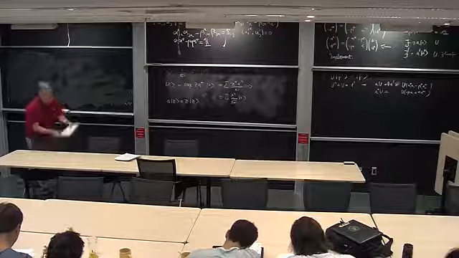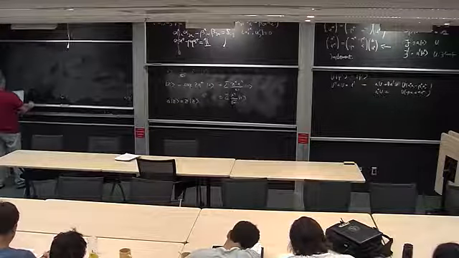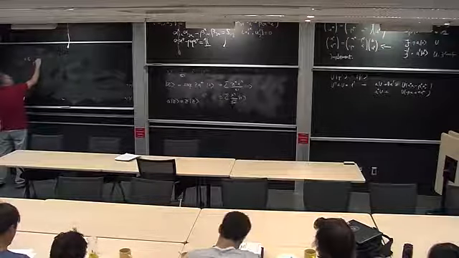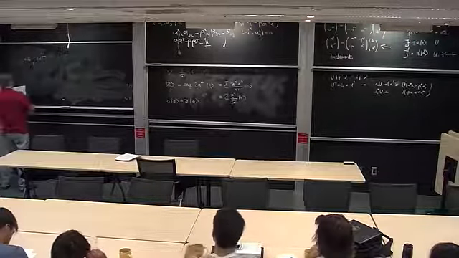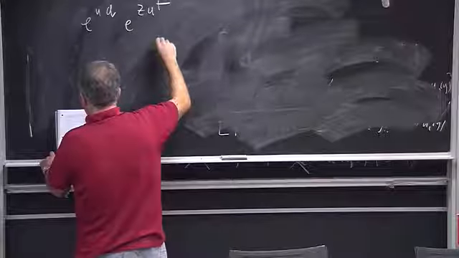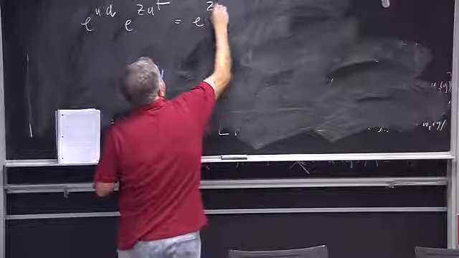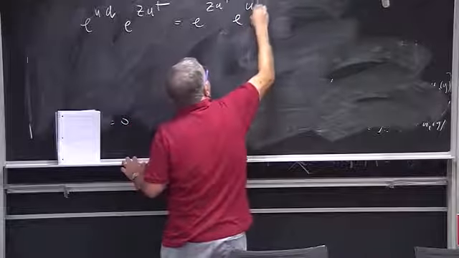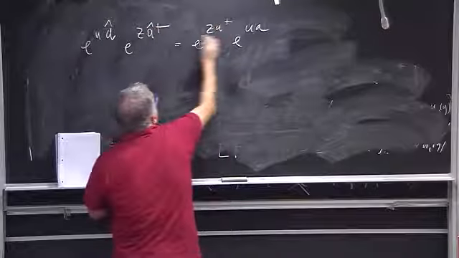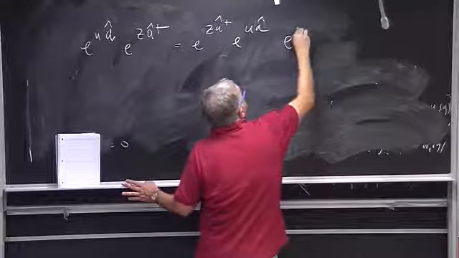So for instance, using the Baker-Campbell-Hausdorff formula, e^{uA} e^{zA dagger}, you commute it, and this is e^{zA dagger} e^{uA} times a function, e^{uz}.